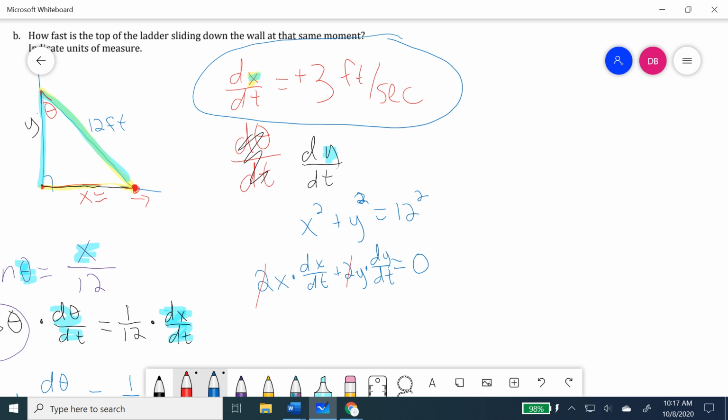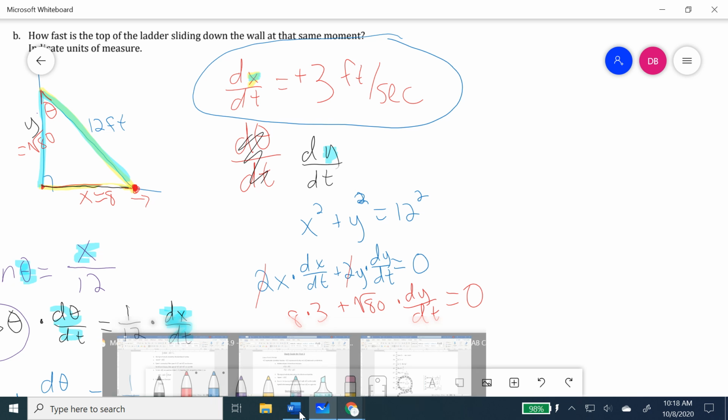When x is equal to 8, and you already know that at that time y is root 80, you can just start plugging that right on in. So 8 times dx dt, which is 3, plus y times what you're trying to find. And a little bit of addition, division later, you've got the final answer. So that was that related rates problem.